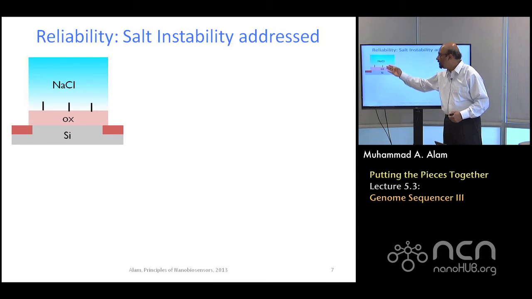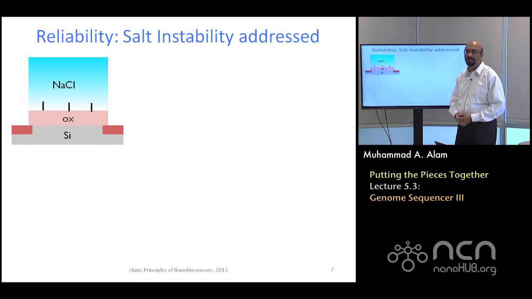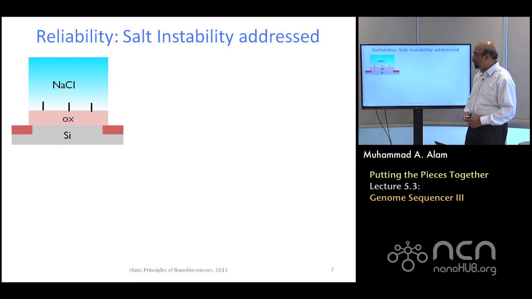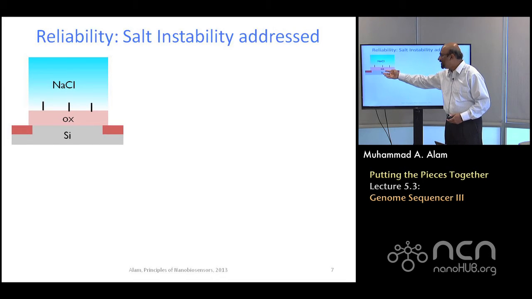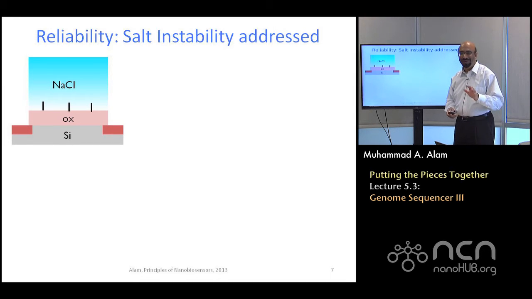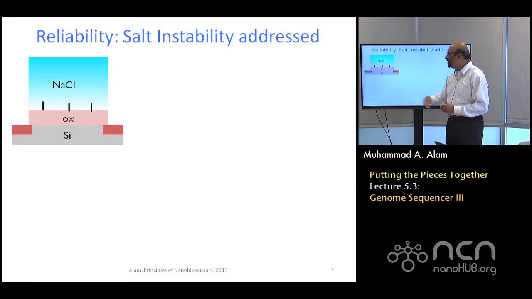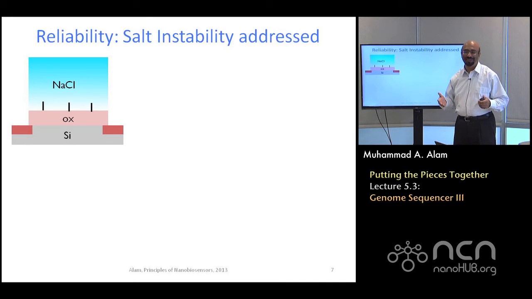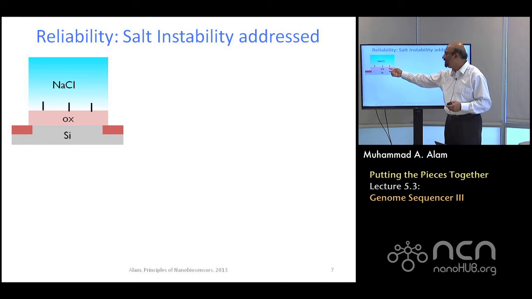Now, one trouble with salt is that salt diffuses through the oxide very fast, and it turns out that if you don't do something special, your transistors will be dead in an hour or so. So if the genome sequencing requires more than that time, this signal can no longer be trusted.